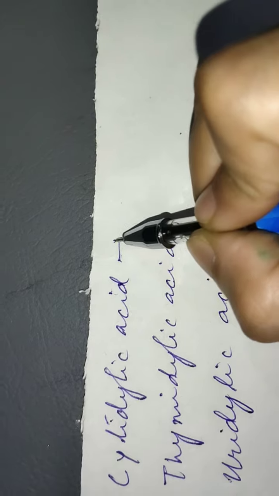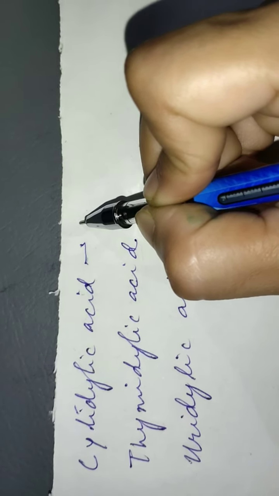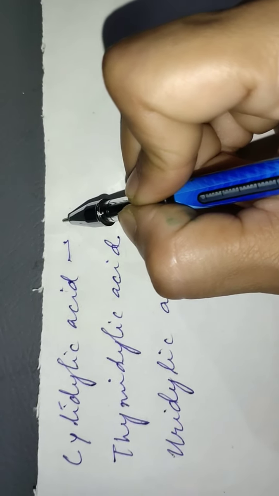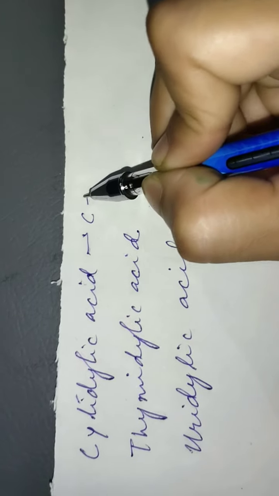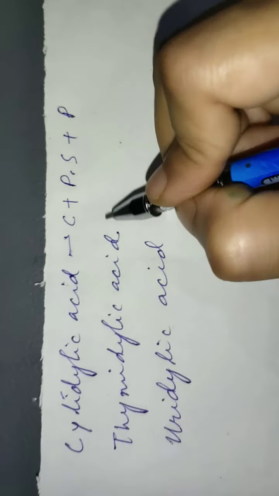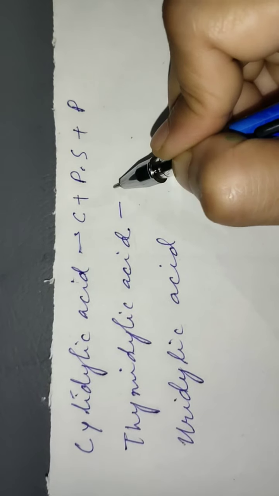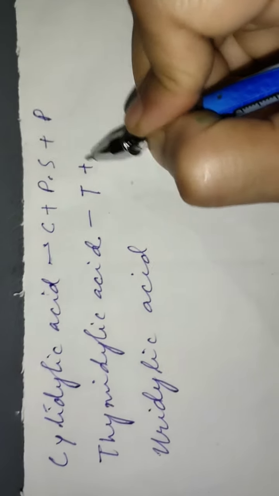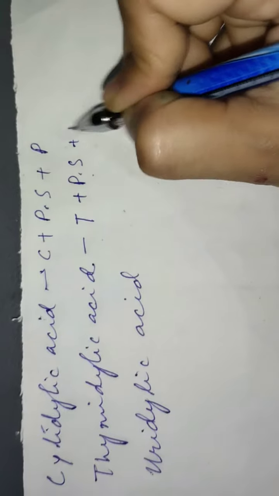Then for cytidylic acid the formula will be: nitrogenous base is cytosine plus pentose sugar plus phosphate group. For thymidylic acid, thymine nitrogenous base, pentose sugar, phosphate group.